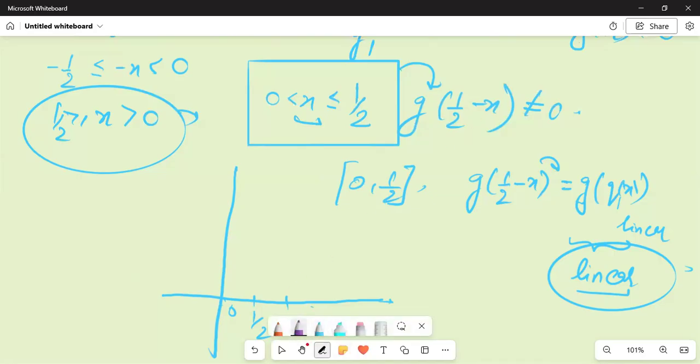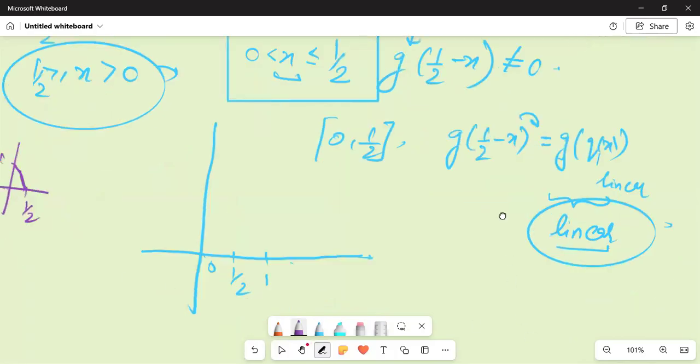So how will you plot this? Now you know that G was this line. At half it was taking the value 0, and at 0 it was taking the value 1, the original function Gx. It was this line. Now, what is 1/2 minus x doing?